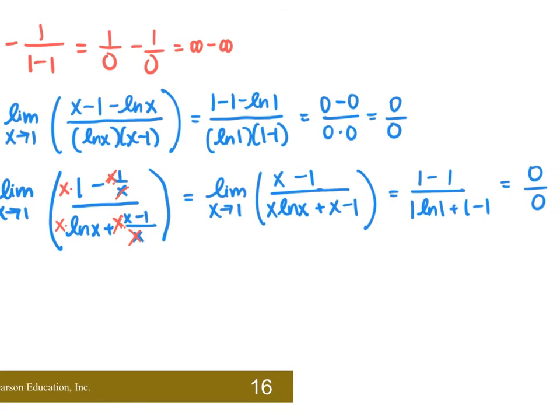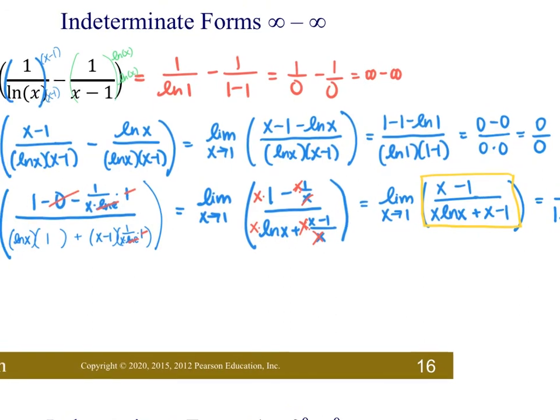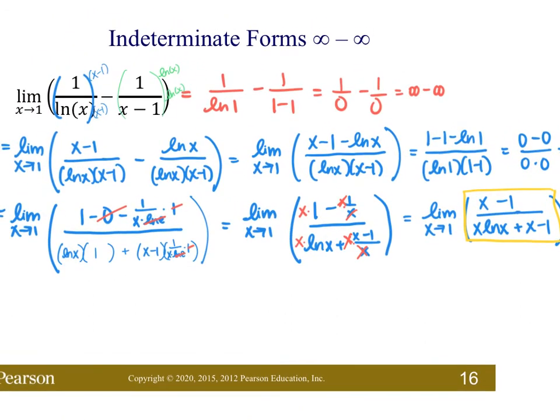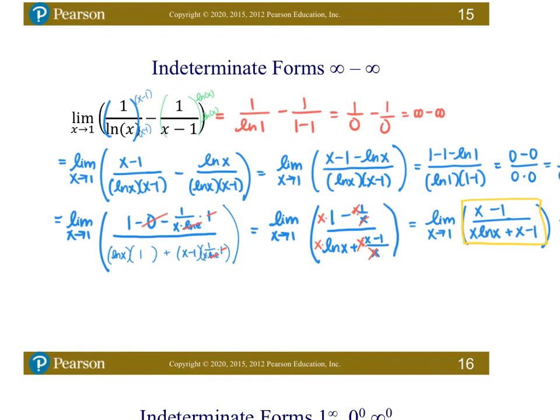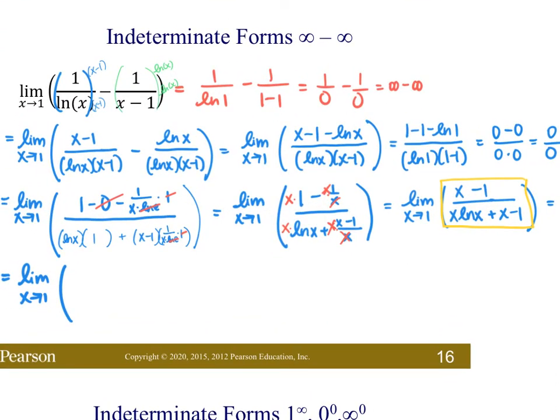Okay, we still have a quotient here. That turned out to be 0 over 0. So I can do L'Hopital one more time. All right, the limit as x approaches 1. So the derivative of the numerator, the derivative of x minus 1, is just 1.